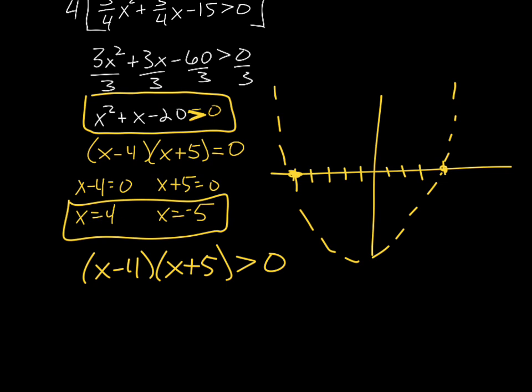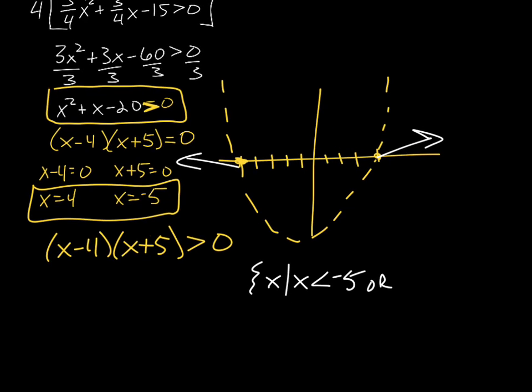An or would go this way and it would go this way. Is that okay? And so then you can say my solution is going to be, x such that x has to be less than -5 or greater than 4.